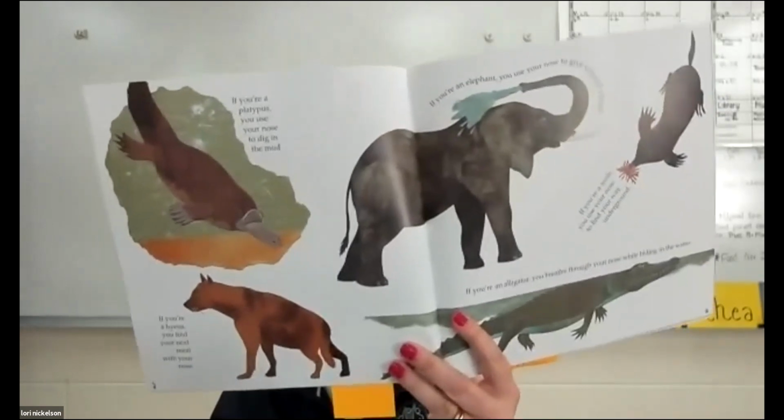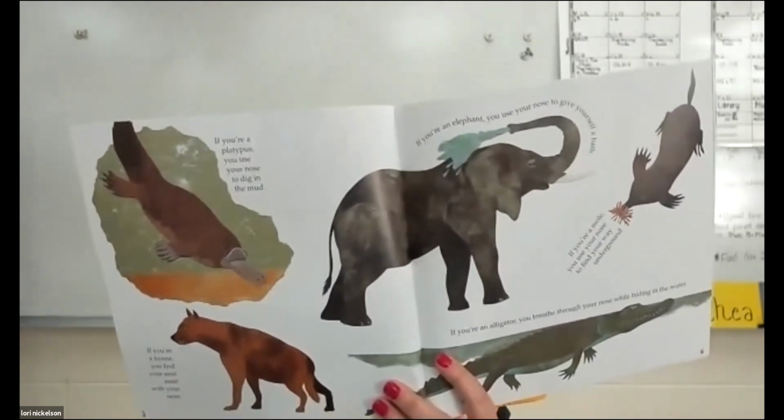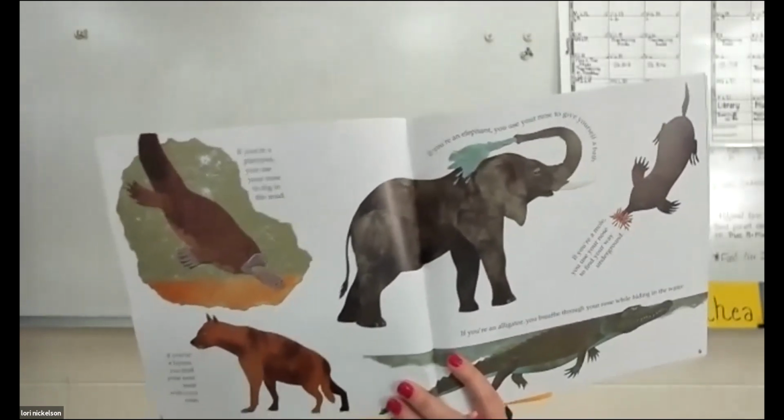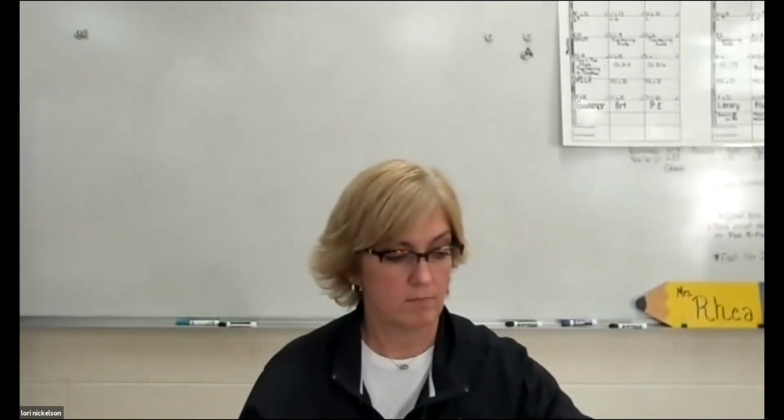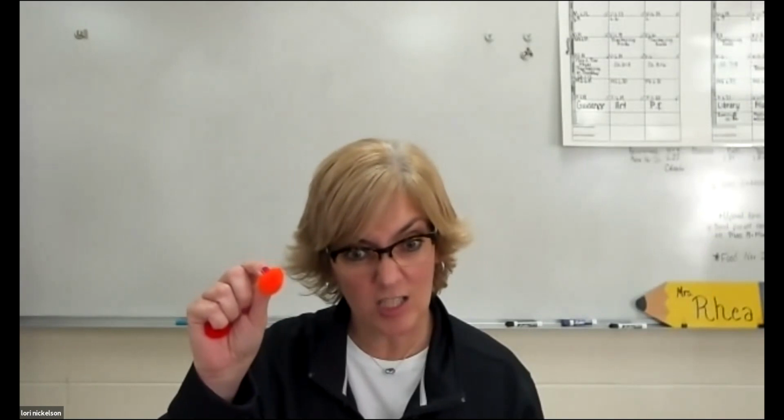Okay, now think about those pages. What are some key details that we learned on this page? Let me get my buttons and box. So, what are some details that we learned? Well, I learned a platypus uses its nose to dig in the dirt.